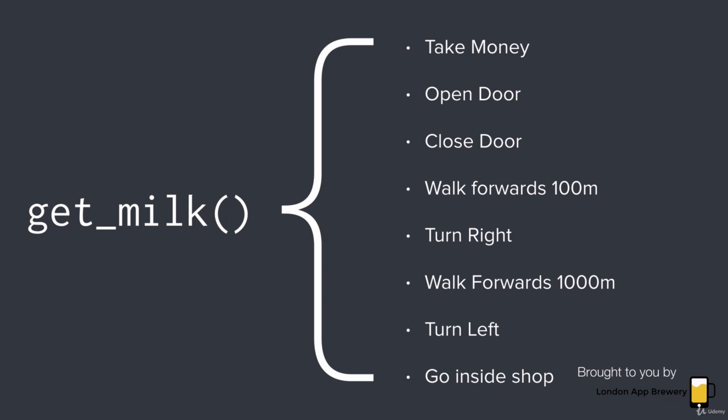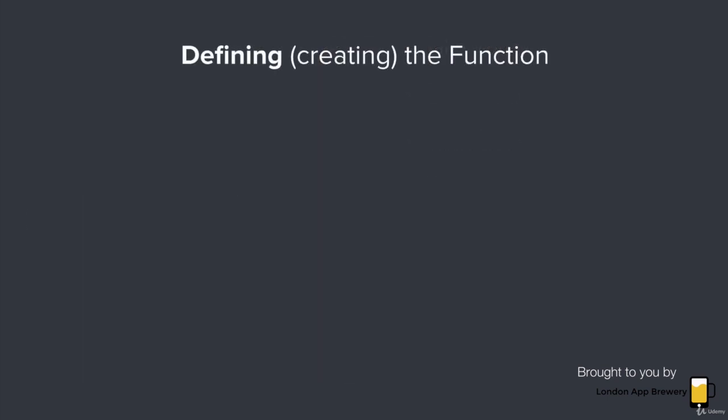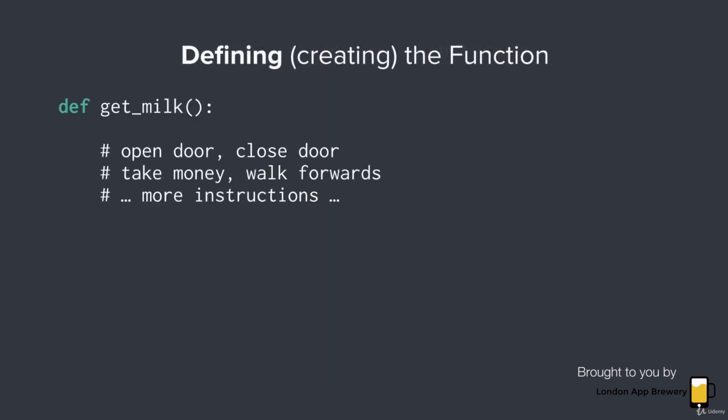So there's something to note here. What we just described is actually a two-step process. First, you have to tell the robot what get_milk means, and second, you have to tell the robot to execute this get_milk instruction. In other words, step 1 is defining or declaring the function, and step 2 is using or calling the function.